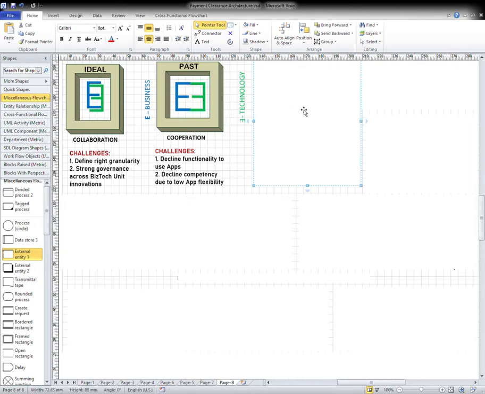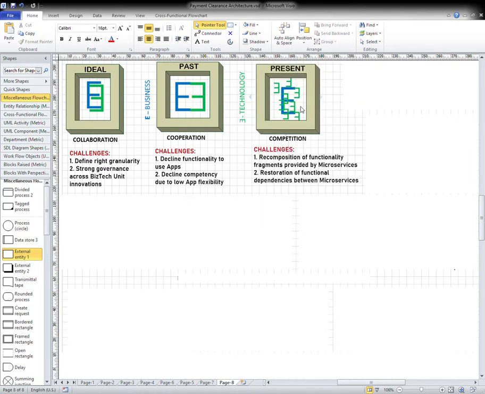Nowadays, with microservices that are set around business functions rather than around databases and networks, we see an accelerating competition between business and technology. Which one will drive the company forward?